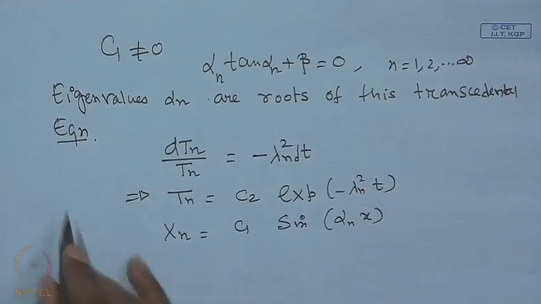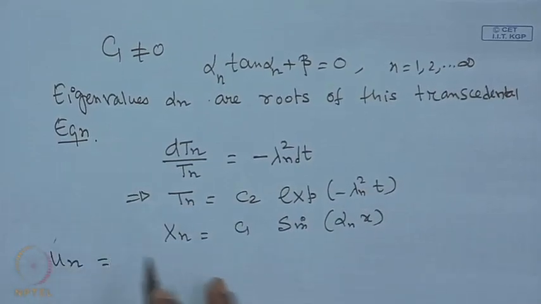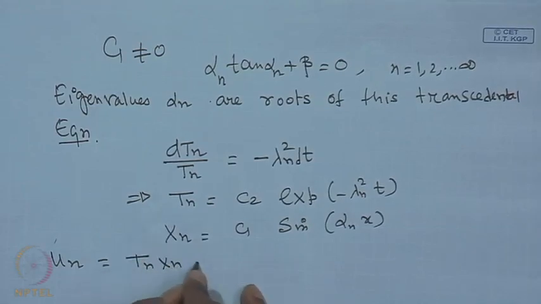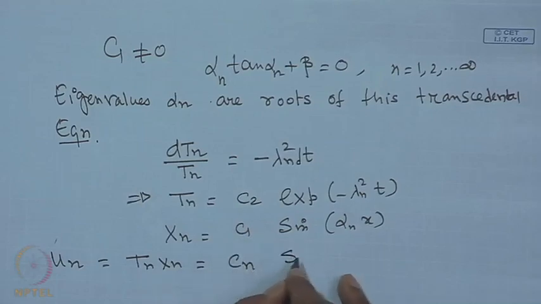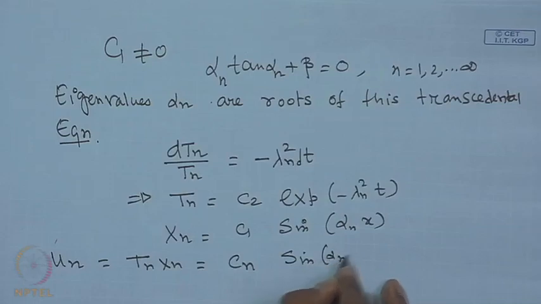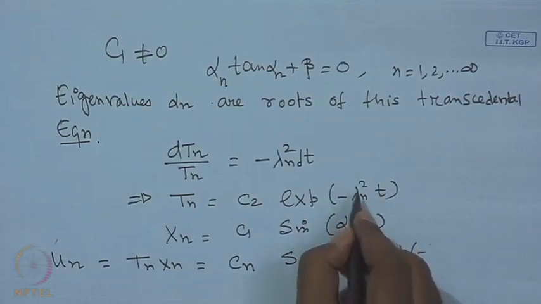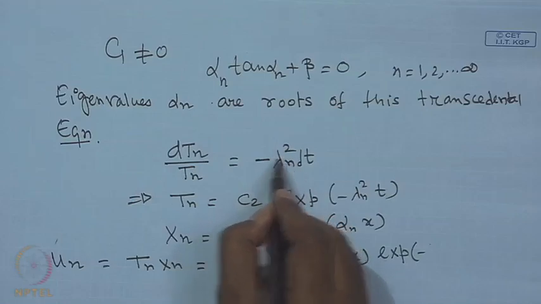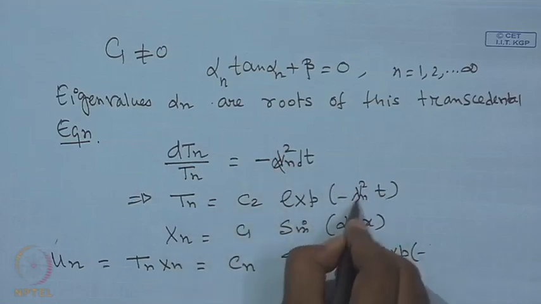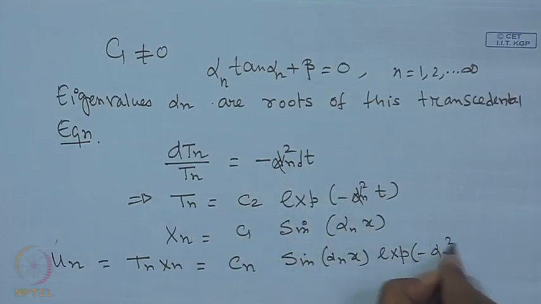So, we can construct the nth solution corresponding to the nth eigenvalue as Tn Xn. We multiply these two constants, it will be giving a new constant. So, this will be Cn sin alpha n x times exponential minus, this is alpha n, right. This is not lambda, this is alpha. So, it will be having alpha n square t.